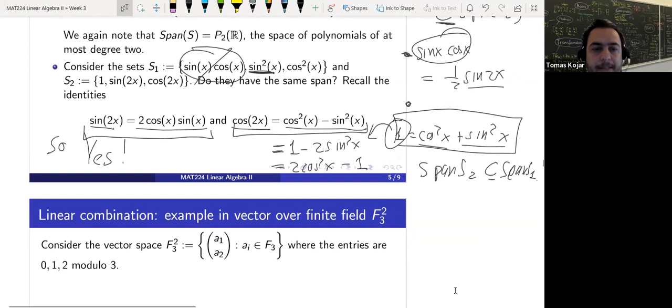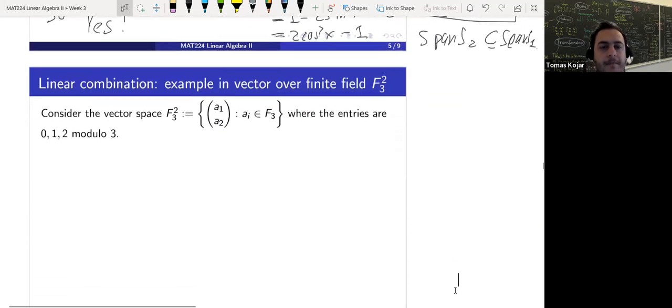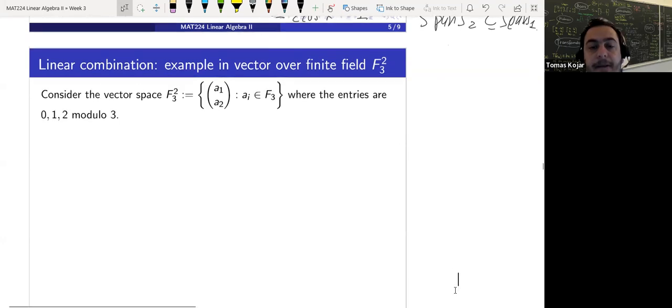All right, let's see. In your homework, you have to deal with modular fields. So I thought I should do an example with them, just to practice a little bit and get some of your questions if you have any. So here I take the vector tuple, two components, and I take my coefficients from the modulo group.